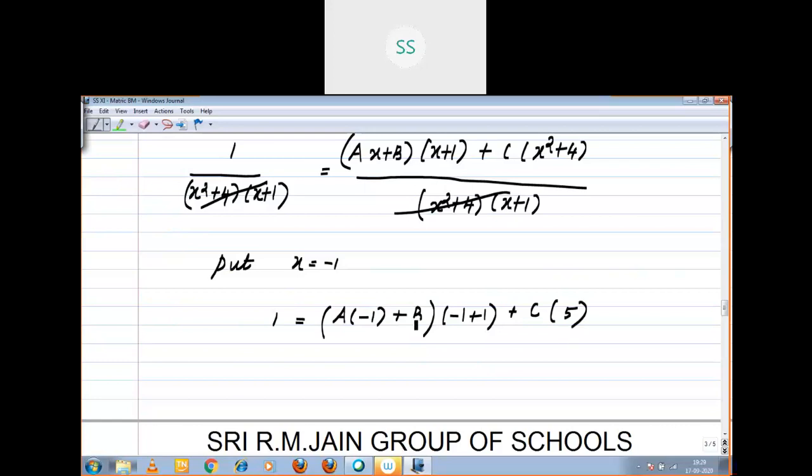That means 1 + 4, 5. Now this part is vanished. So 1 equals 5c. C is equal to 1 by 5.